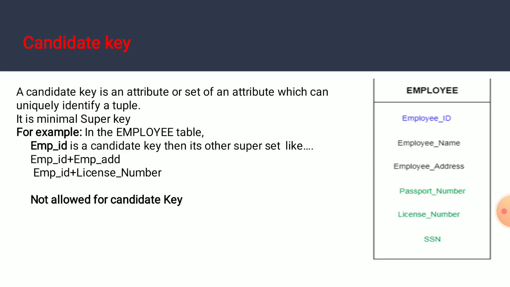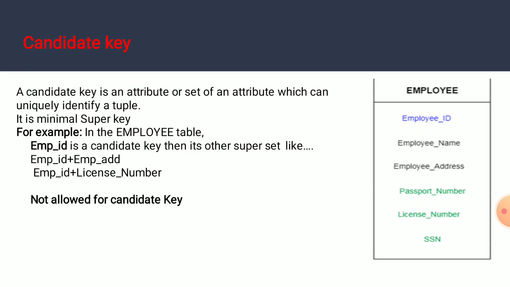Another type of key is the candidate key. It is an attribute or set of attributes which can uniquely identify a tuple. The main feature of a candidate key is that it is a minimal super key. Means from the superset of super keys, we select the attribute which minimizes the super key concept.